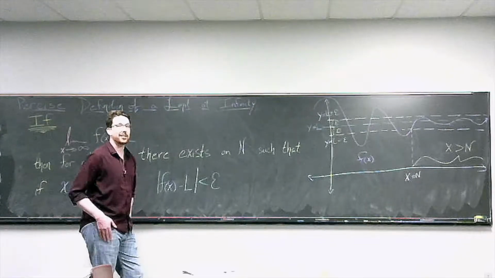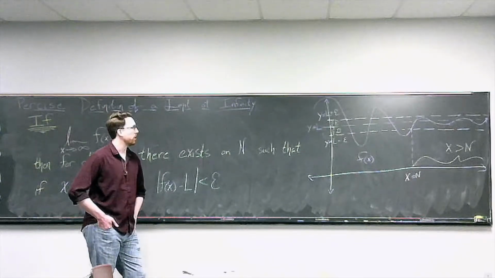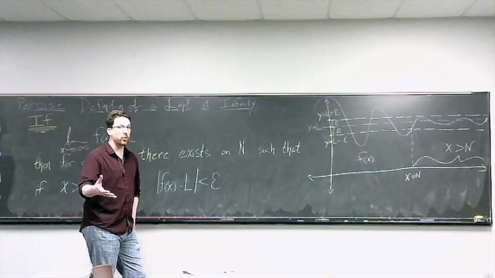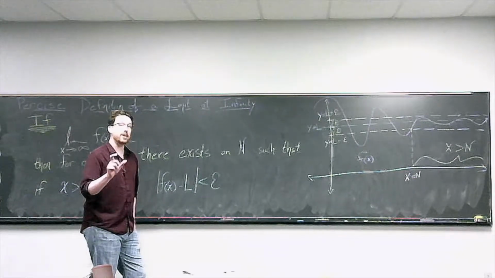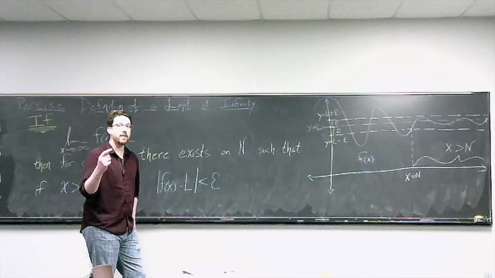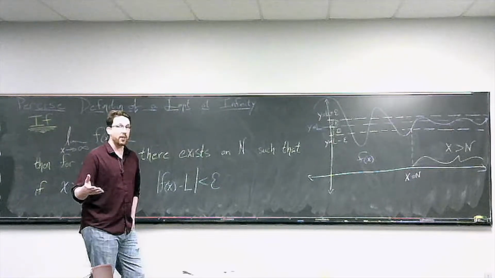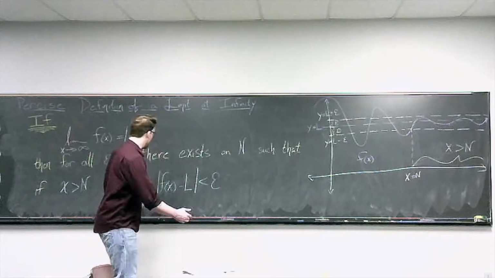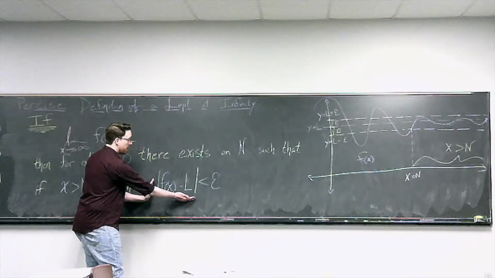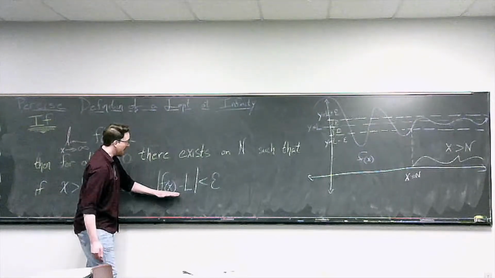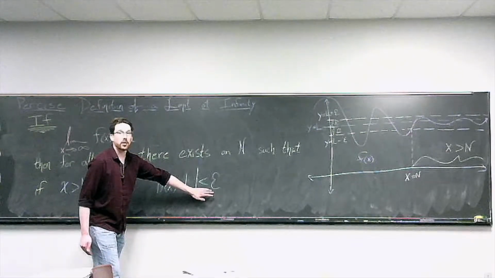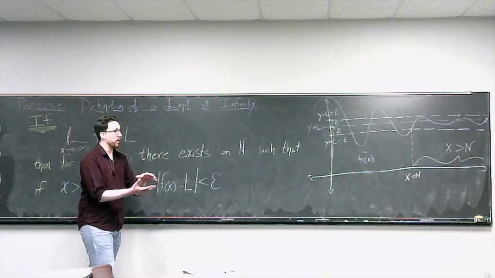We say that limit is L. In order for that to be true, there's got to be some n value such that for every x greater than n, you can squeeze the difference between f of x and L within some epsilon.